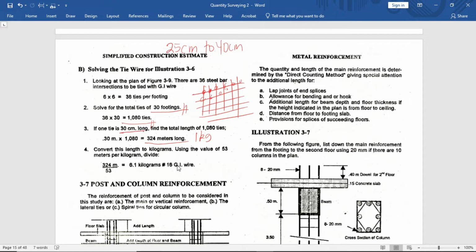So, in every 53 meters, 53 meters per kilogram. Ganun pa rin yan. Ibaliktad lang natin. So, 324 divided by 53 meters is equal to 6.1 kilograms of number 16 GI wire. So, yan yung sagot natin.